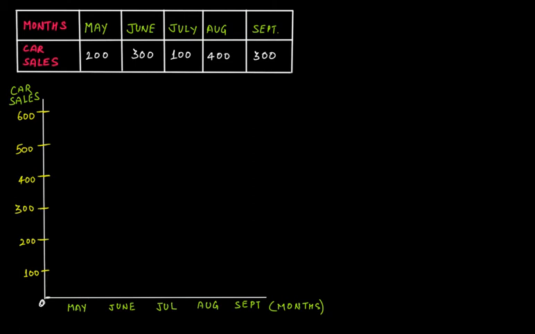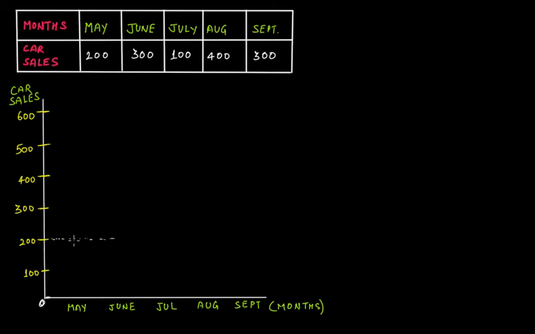Now, in the month of May, what's the car sale? It's 200, right? So just to explain to you, if I take this dotted line like this, you need not draw this, but I want to explain that I have to deal with this number 200.